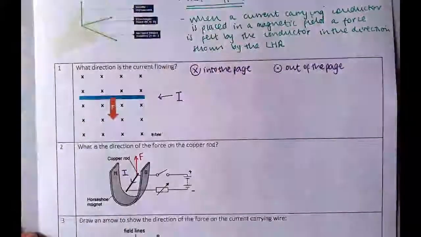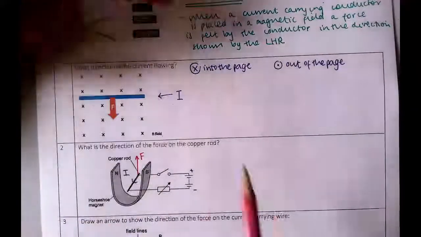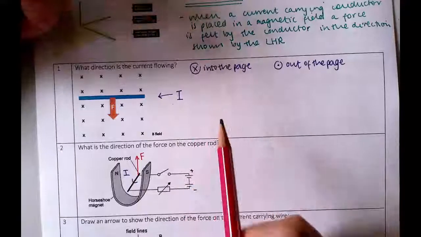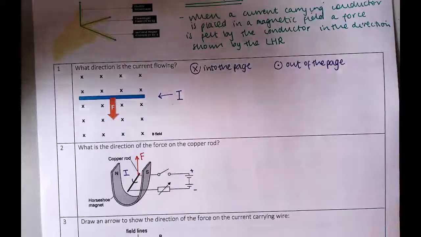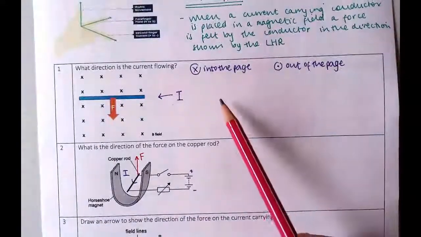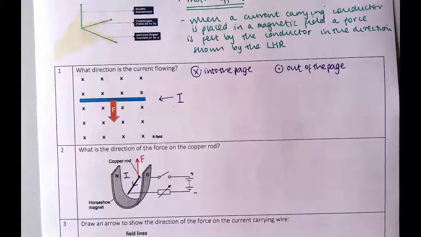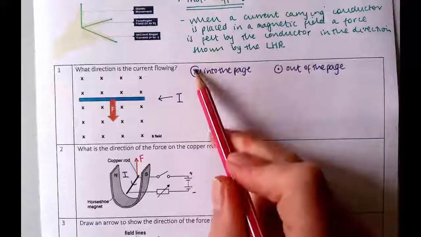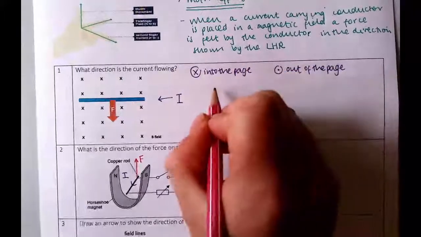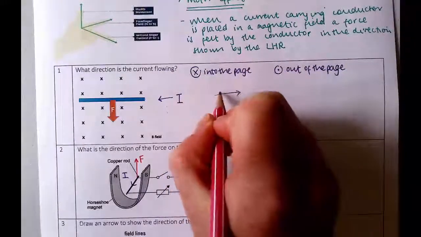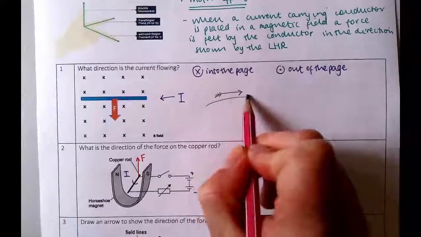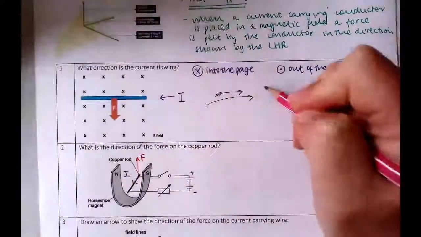So you may recall that if we see a cross, that's a way of representing an arrow going into the page. Obviously it's not possible to draw that in any other way. You can think of it like an archer with a bow and arrow, flinging the arrow across to hit a target.